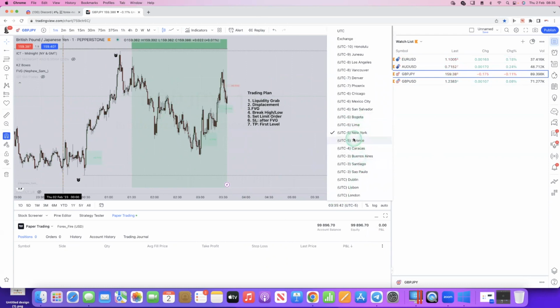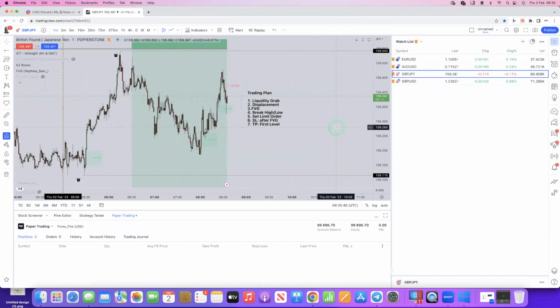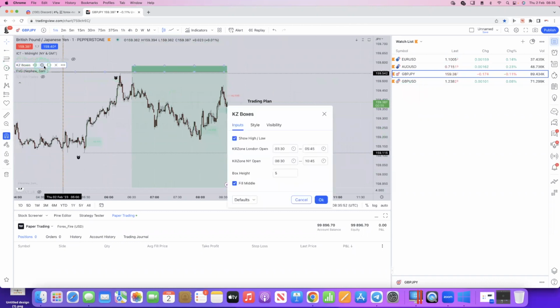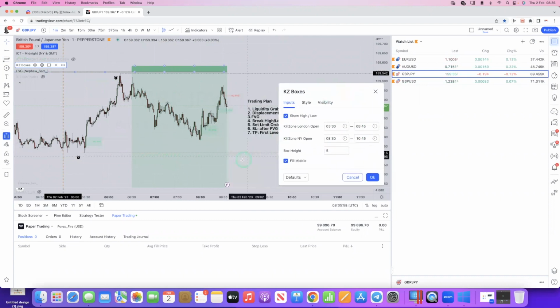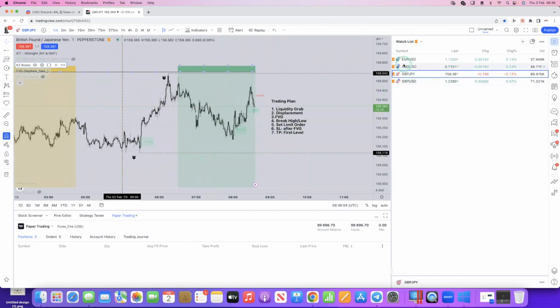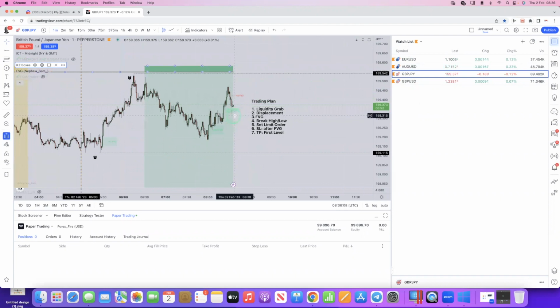Let's go on to London. Now these kill zone boxes seem to be out. London kill zone 330. These boxes don't seem to be complying with what we're doing today, to be fair. To 8.